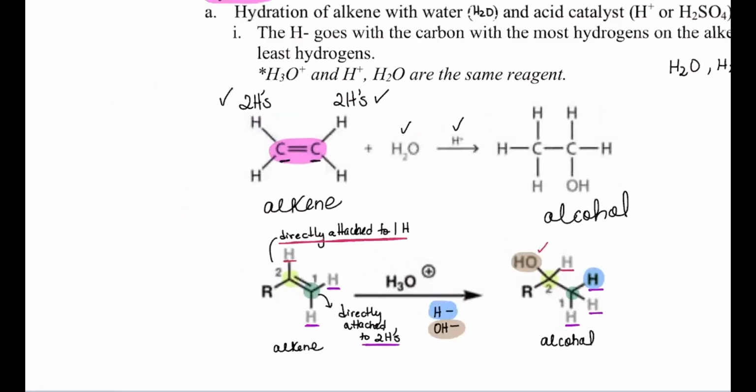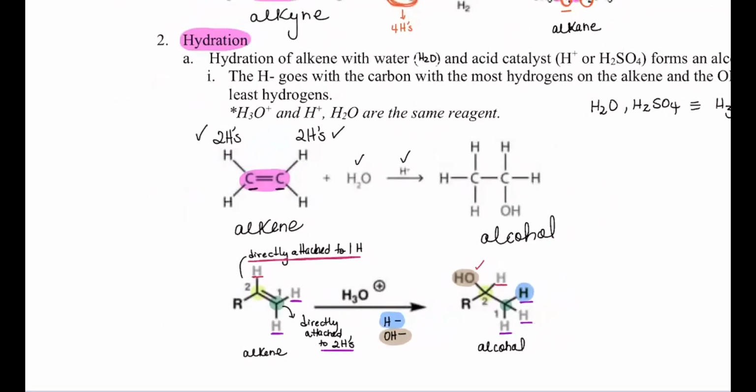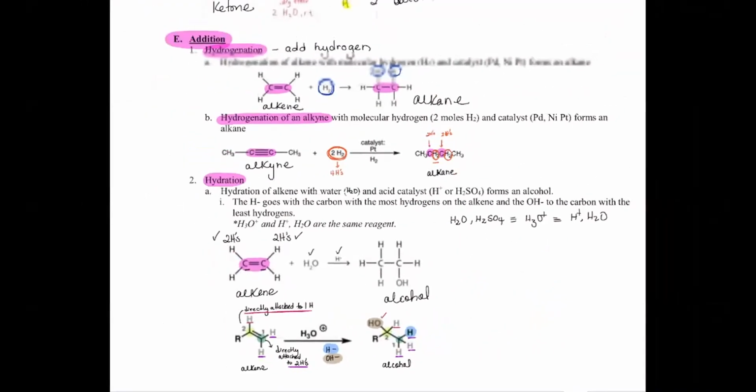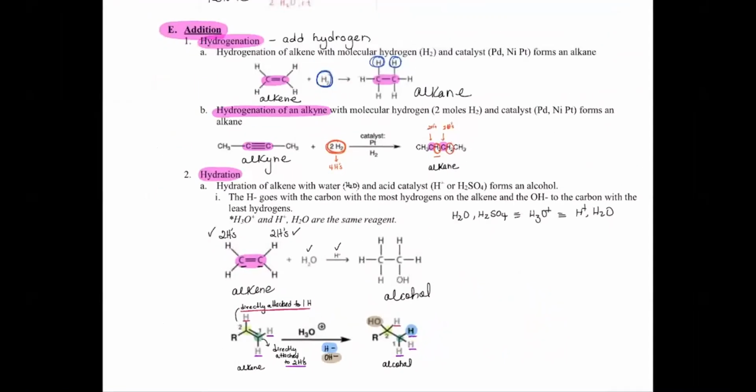So be careful when you're predicting the products for hydration reactions, because you need to know how many hydrogens are directly attached to the carbons in the alkene. And then when you're predicting the products, keep that in mind to select the correct product of the reaction, which must be an alcohol. Any questions about hydration or hydrogenation reactions?